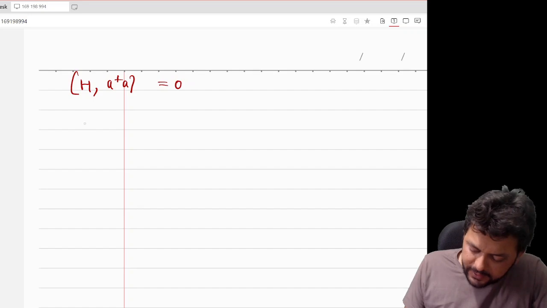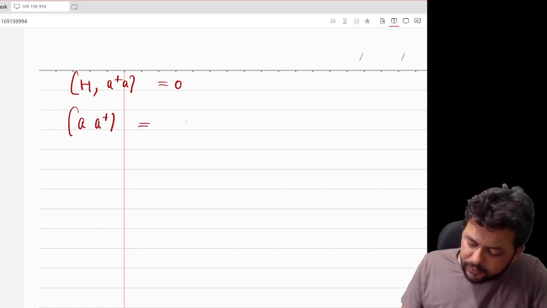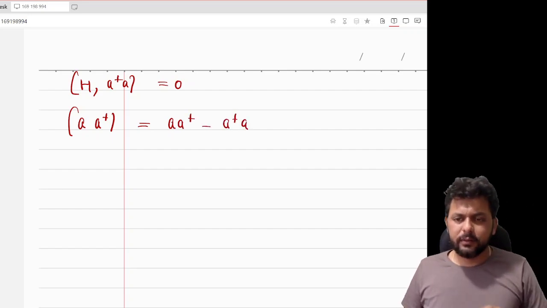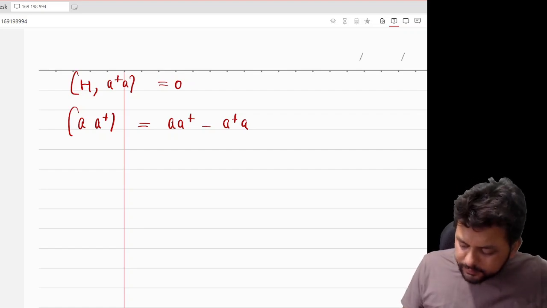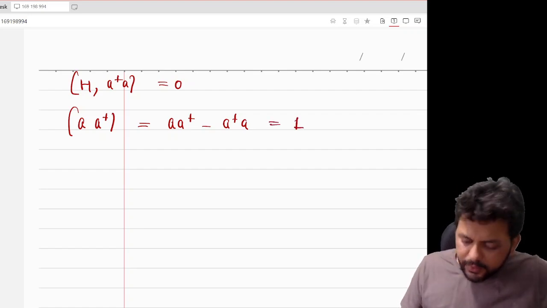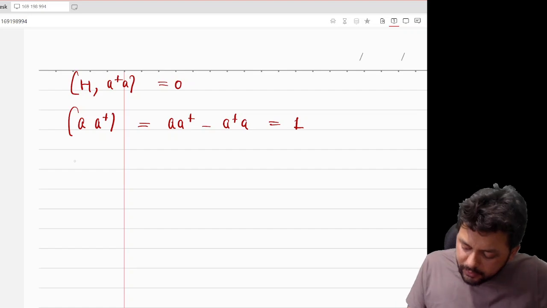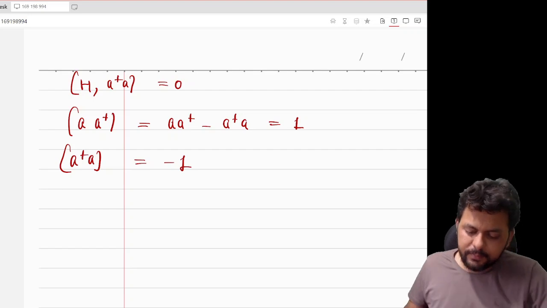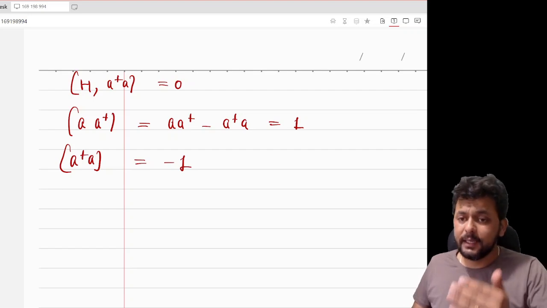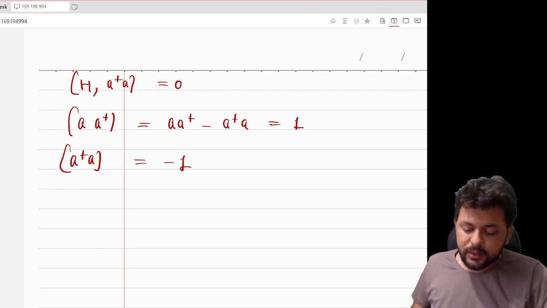And if you find the Poisson bracket of A and A dagger, the Poisson bracket of AB is AB minus BA. So from here if you put the complete value, you get 1. And similarly the Poisson bracket of A dagger and A comes out to be minus 1.